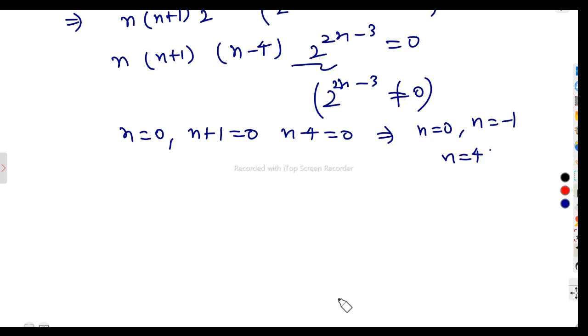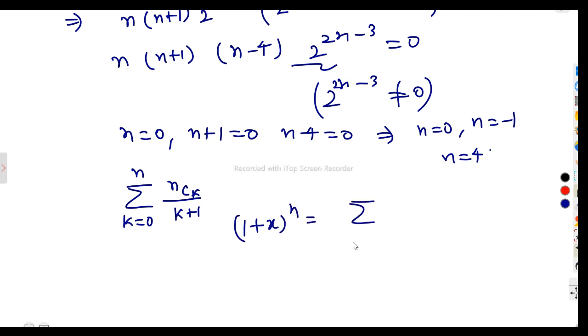Again, in the given problem we have to find the value of summation k equals 0 to n nCk over k plus 1. We know that (1 + x)^n is equal to summation k equals 0 to n nCk x^k.